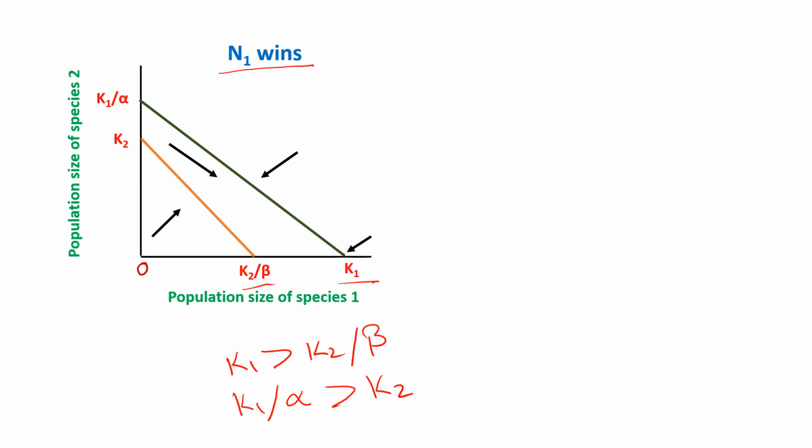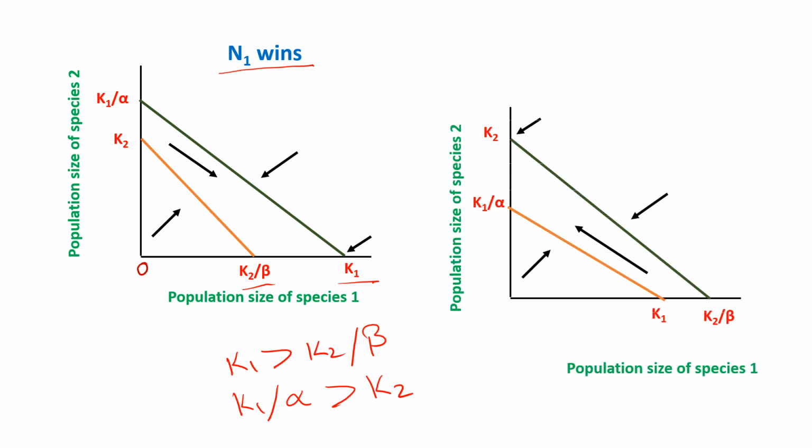The question is asking from this situation. In another situation, where K2 upon beta is greater than K1 and K2 is greater than K1 upon alpha, the N2 species wins.